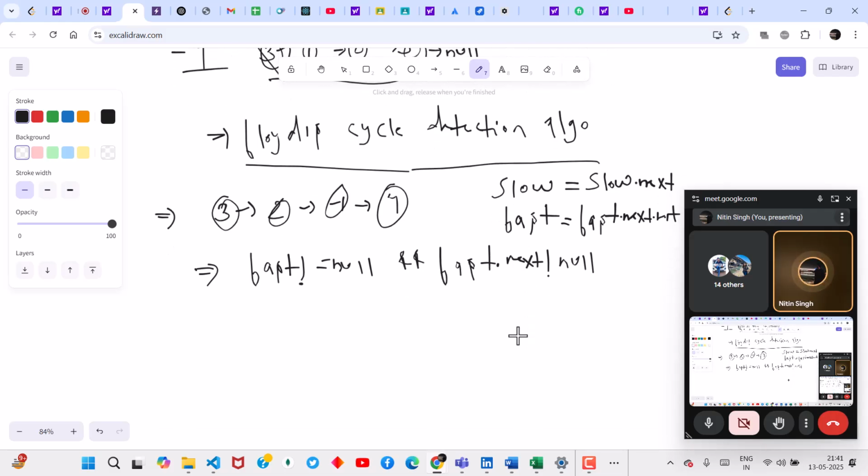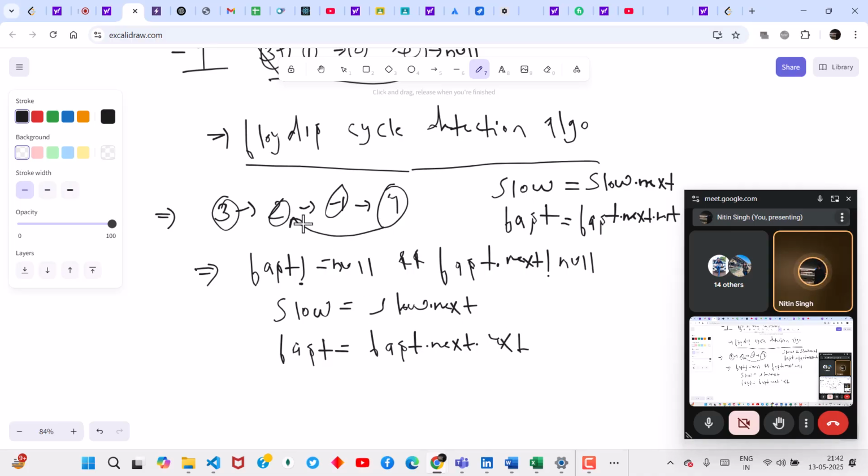Fine. And now I'll just keep moving my slow pointer one node at a time, and I'll keep moving my fast pointer two nodes at a time, fast dot next dot next. Let's say this 4 is connected with 2 and I have a loop in my linked list. Let's start. Initially my slow is here, my fast is here.